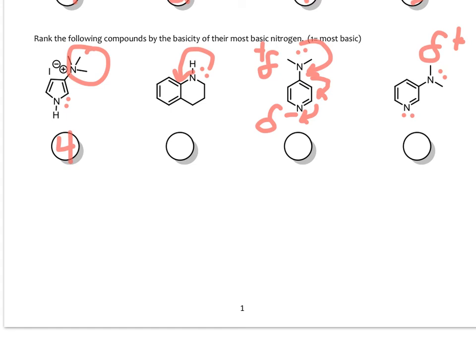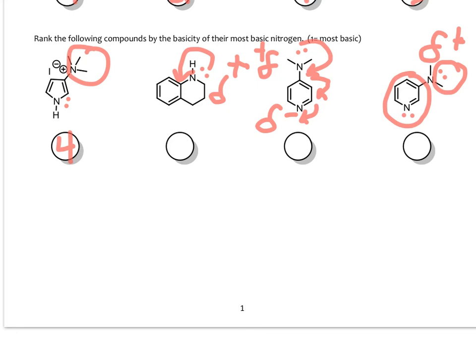And here we have an sp2 lone pair on nitrogen that's never going to have a direct negative charge. But because this lone pair is donating into the ring, this ring is going to be more electron rich, which will help with the basicity of the sp2 nitrogen. Since this nitrogen is partially positively charged, that's not going to be very basic.